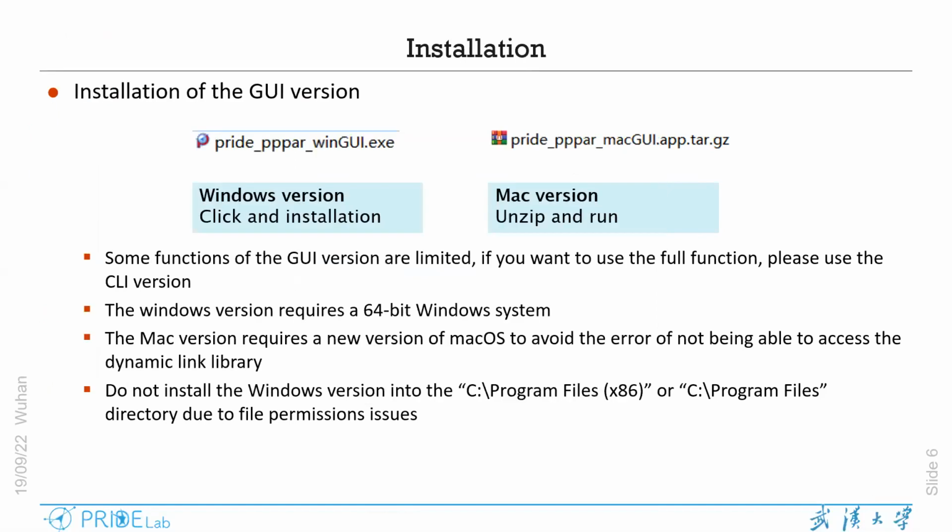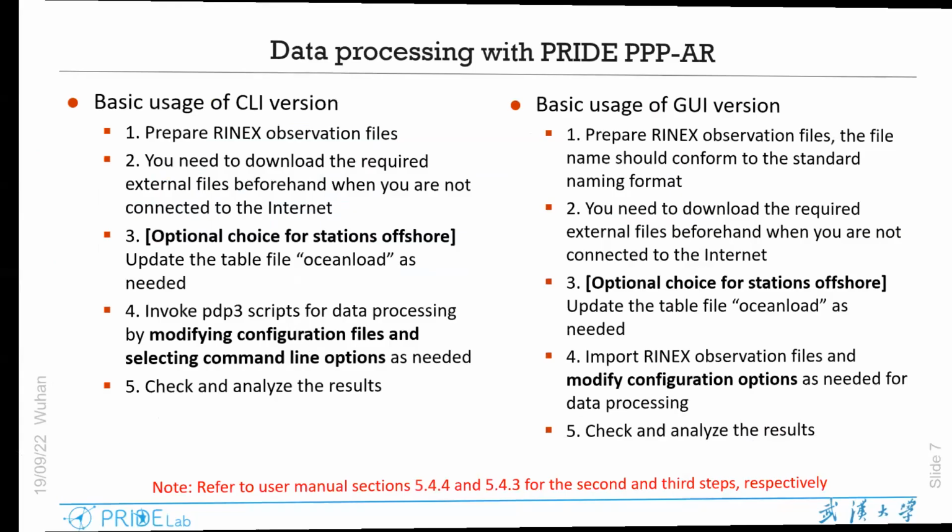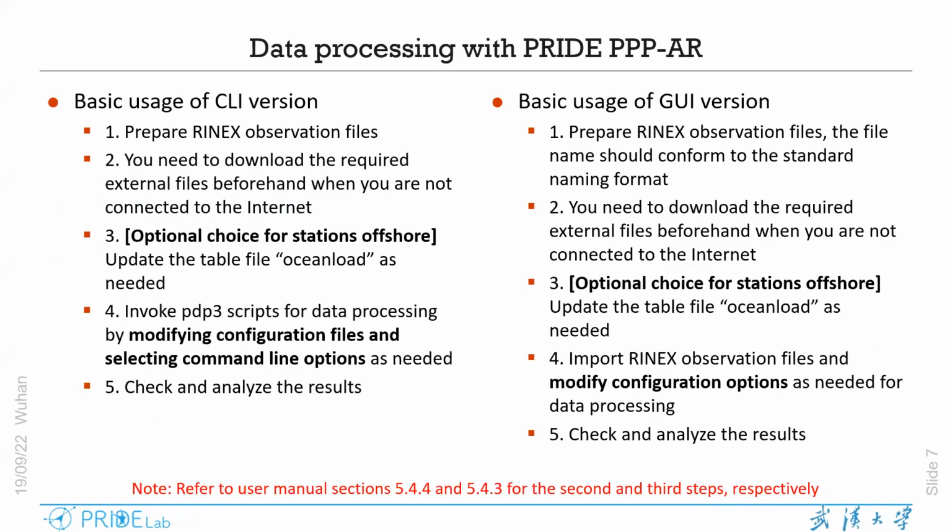Let's move on. When using the software for data processing, the CLI version and the GUI version are roughly the same. You need to prepare your own RINEX observation file, and the external files need to be prepared when not collected.